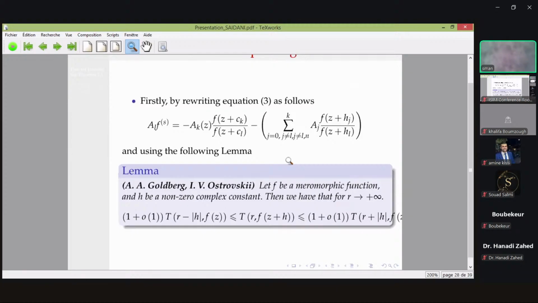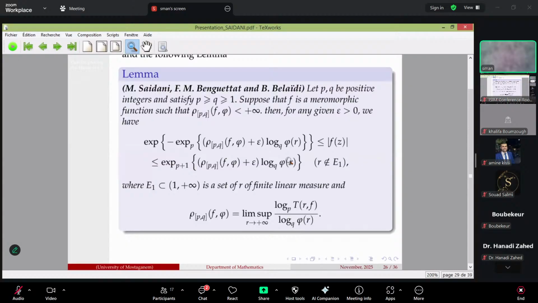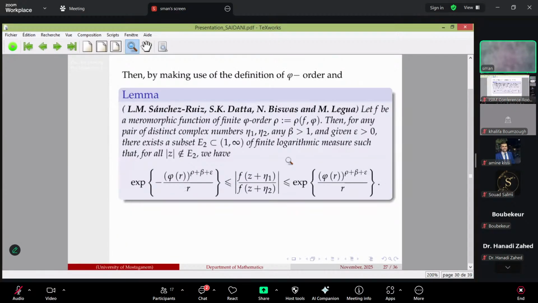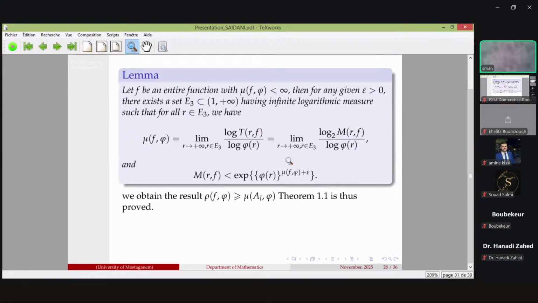I will briefly present the main outline of the proof of our results. Firstly, by writing equation 3 as follows, and using the following lemma of Goldberg, our lemma with Bengetat and Belaidi, and the following lemma, we can obtain the result.